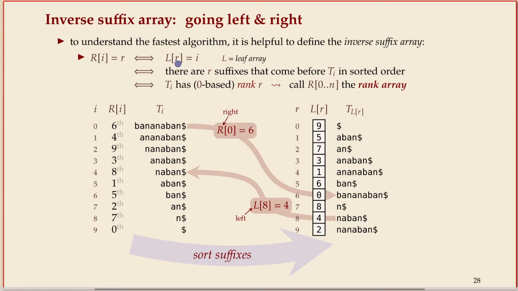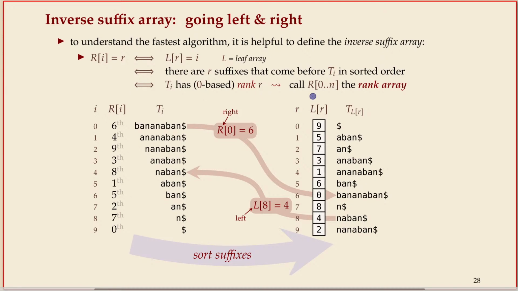Another way to express this, so remember from the definition of suffix array, this meant that if you look at the suffix starting at position i, then there are r suffixes that come earlier in the alphabetic order. Another way to say the same thing is T_i has rank r, starting at 0. That's how we defined it.